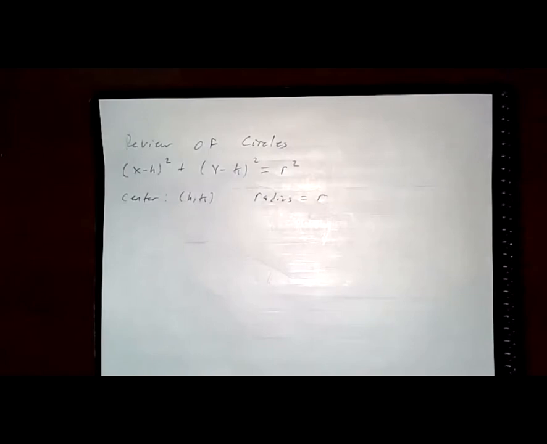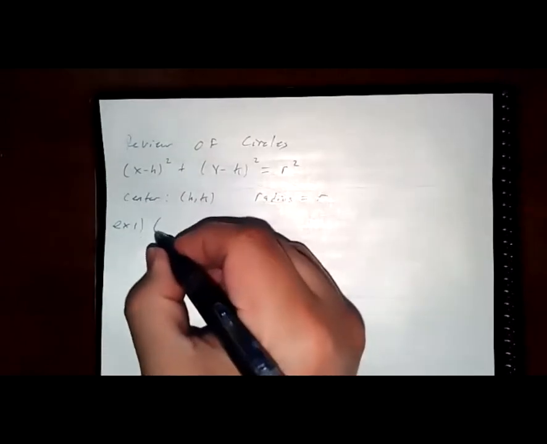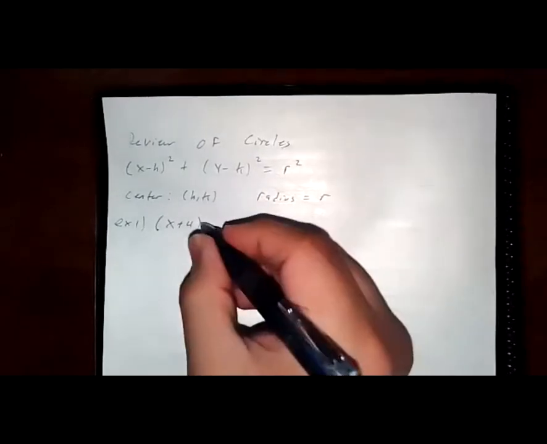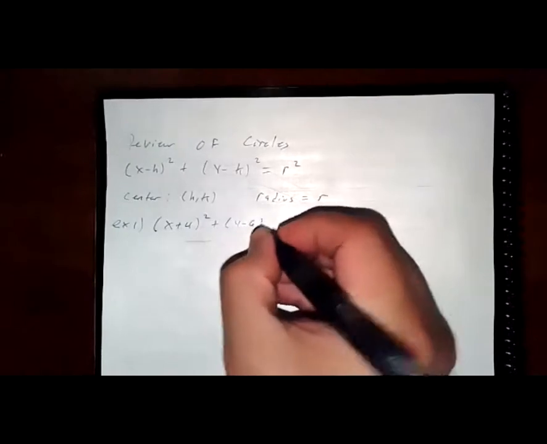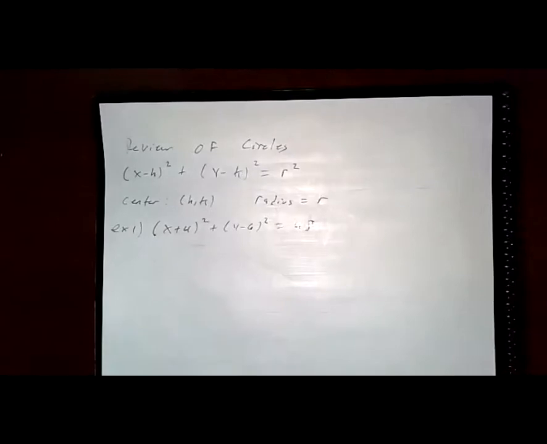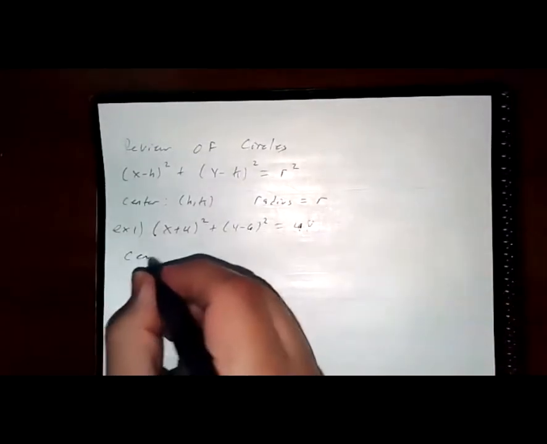So if you had an example here, just a little side example. If it's already in standard form, we can find out all kinds of information. That's 48, by the way. What is the center?